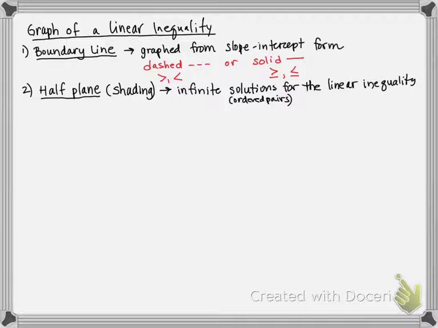Okay, so we have a starting point, that's the boundary line. That tells you where the solution begins. But then the half plane, the shading, is going to be all the other points. So remember, if we have greater than or greater than or equal to, we're going to shade above the boundary line.